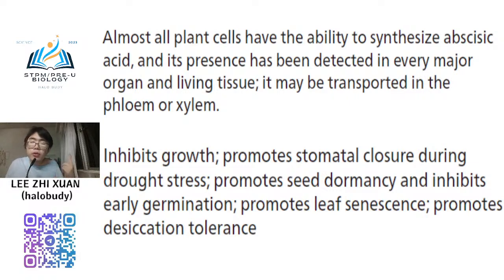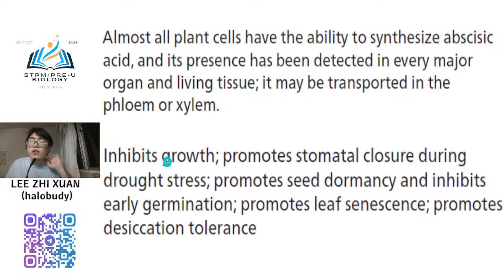Auxin promotes cell elongation, though it only inhibits growth in roots, but the main function is still cell elongation. Cytokinin plays the role in cell division and differentiation, and gibberellin in stem elongation. All of them promote growth of the plant, but abscisic acid inhibits growth of the plant, totally reversed.